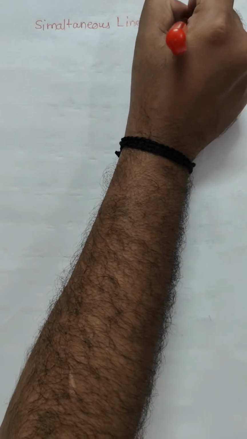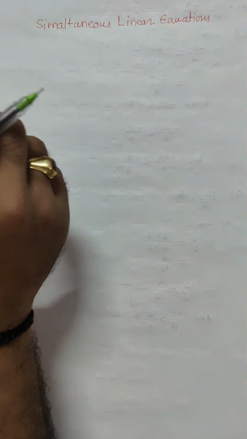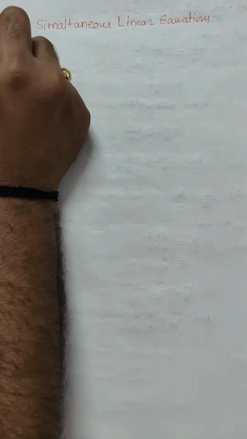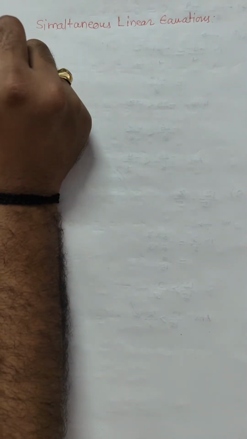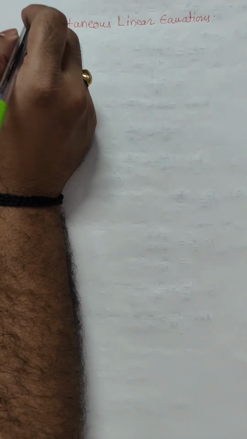What is meant by simultaneous linear equation? When we consider two equations in two variables, there are key points. What is meant by a simultaneous equation?